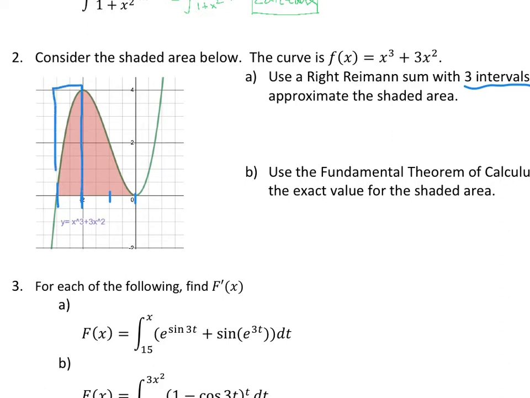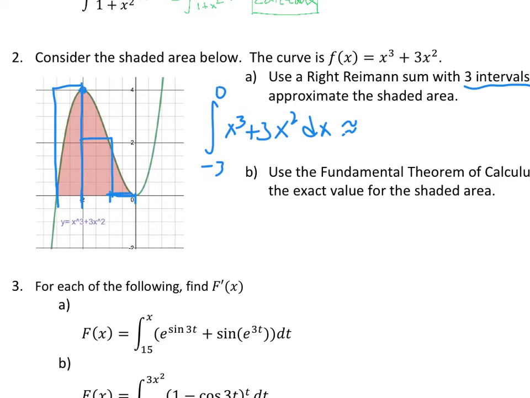Actually, it looks like we won't need the calculator very much. Looks like we got nice, neat whole numbers. And then we've got a flat rectangle there. So we've got the integral from -3 of x cubed plus 3x squared dx is approximately, we need the area of these rectangles.